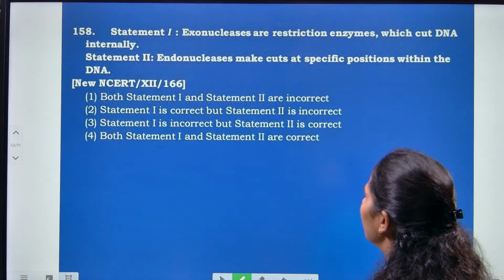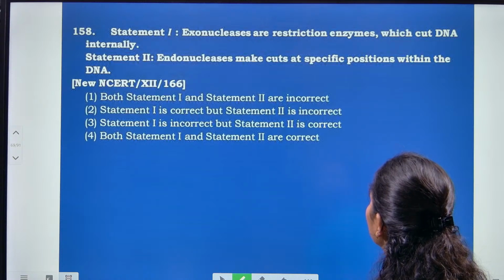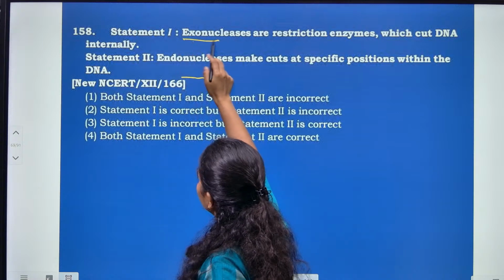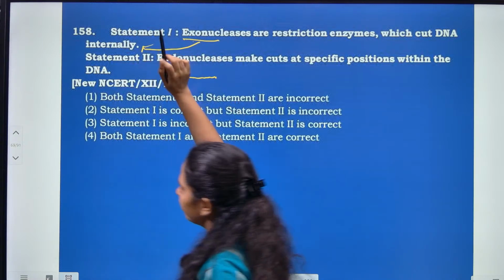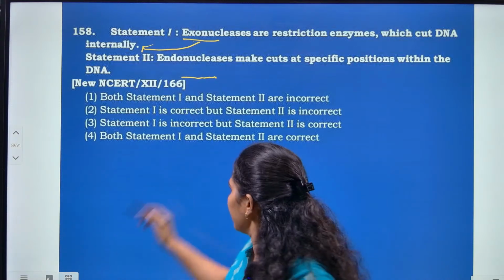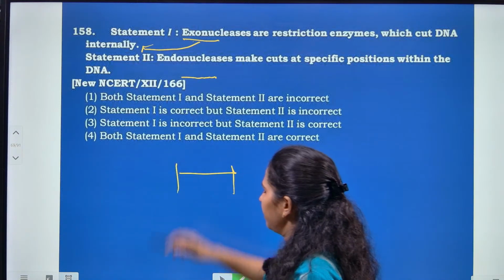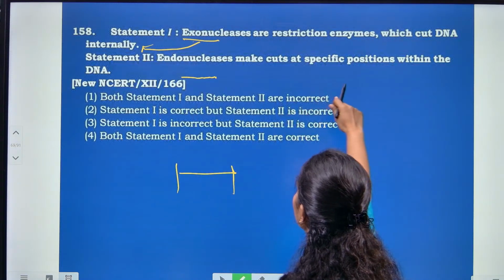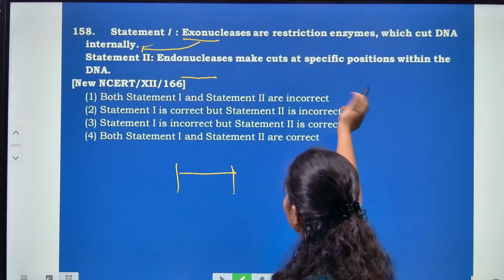Next, exonucleases are restriction enzymes which cut the DNA internally. As they are exonucleases, they are not going to cut the DNA internally. They cut the DNA at the specific ends of the DNA. Statement 2, endonucleases make the cut at a specific position within the DNA.